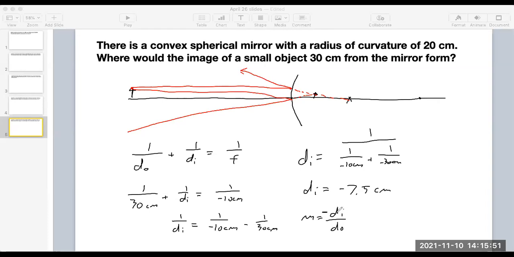So our negative image distance is going to cancel out that minus sign and give us something which is right side up. So it doesn't flip over, it shrunk, but right side up, and the light didn't actually come from there.